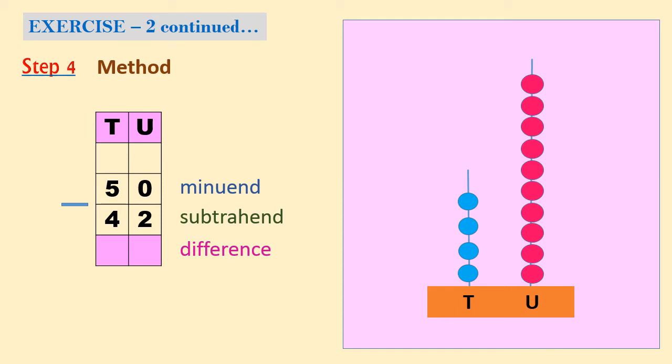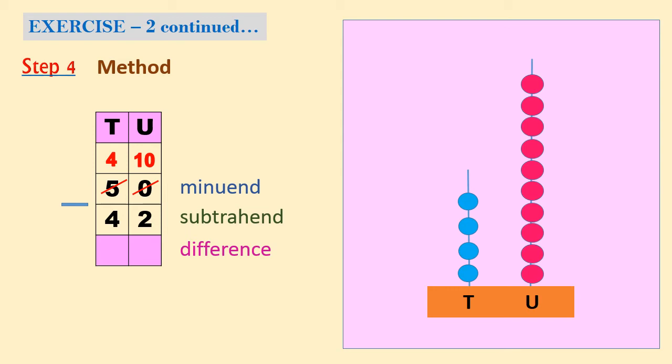5 minus 1, 4 tens will remain in tens house. After borrowing 1 tens, that is 10 units in units house. After untying also, the number remains same. That is, 4 tens is 40 plus 10 units is equal to 50.